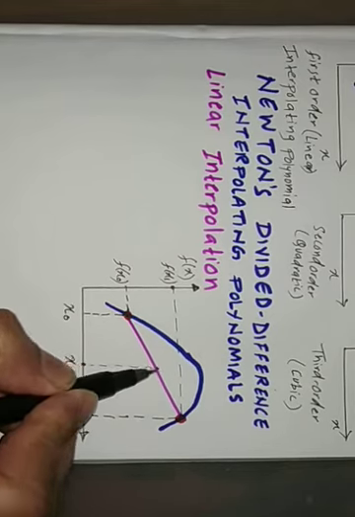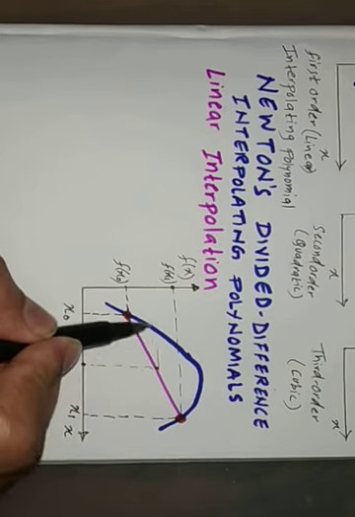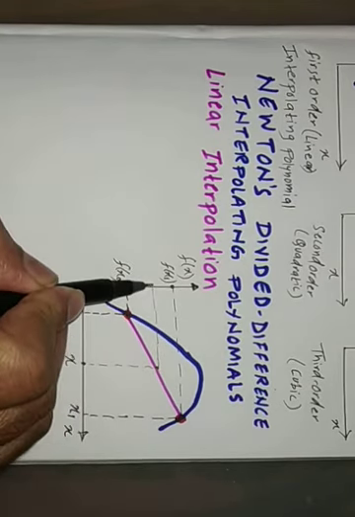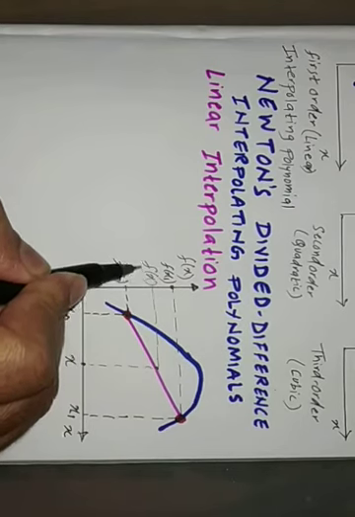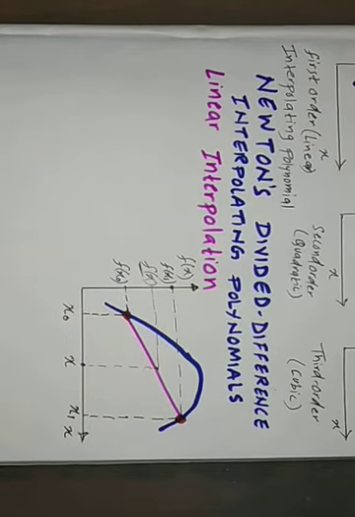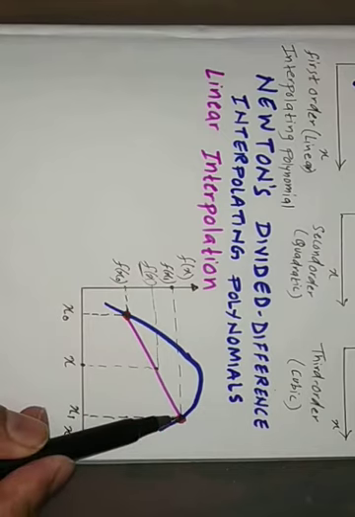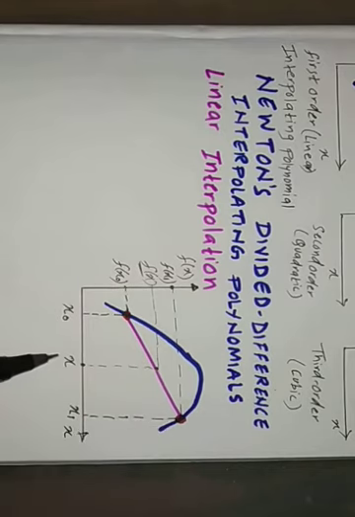We want the value of f of x here. This is our unknown, because x0 is known, f of x0 we know, x1 we know, and f of x1 we know, and x is the value at which we want f of x. So how to find out this f of x?